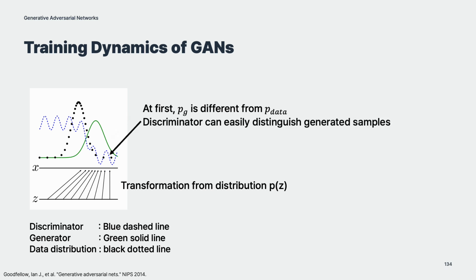Because of this gap, the discriminator, shown as the blue dashed line, assigns higher probabilities to real samples on the left and lower probabilities to the fake samples on the right.